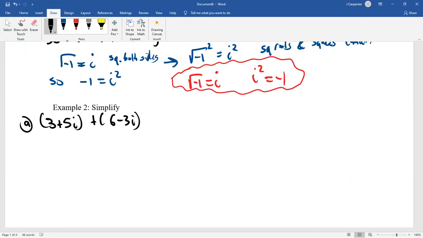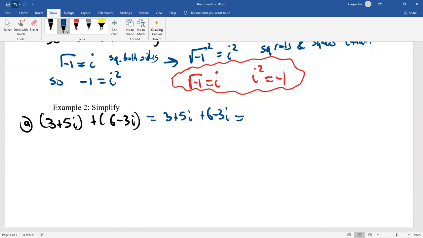Now, I've done something here that I don't really like doing personally, but I like to show the student. There's a plus sign here. Plus signs in front of another parentheses do nothing. This is literally the same as 3 plus 5i plus 6 minus 3i. There's absolutely no reason for these parentheses to be here because of this being a plus, and there not being anything in front of either of the parentheses.